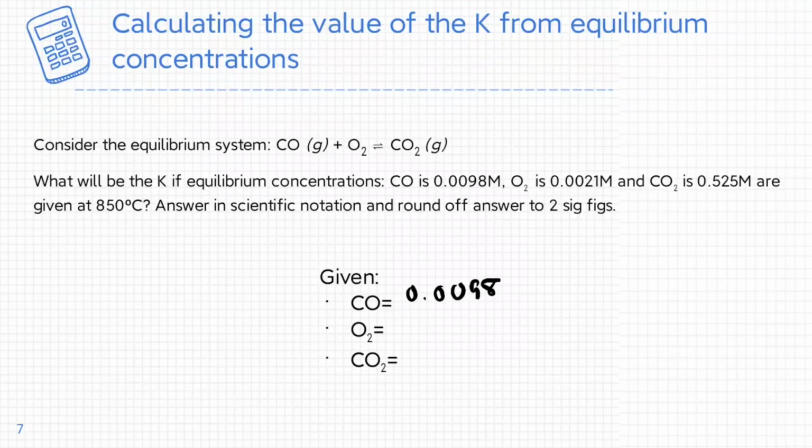Carbon monoxide is 0.0098 molar. Oxygen is 0.0021 molar. And carbon dioxide is 0.525 molar. Now, if you are capable of computing this straight up using the scientific calculator, that is fine, as long as you obtain the equilibrium constant value or it is close to the computed value.